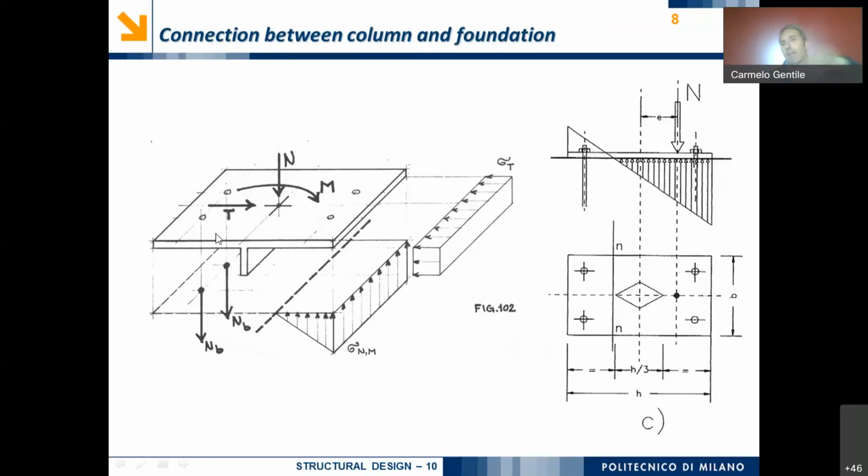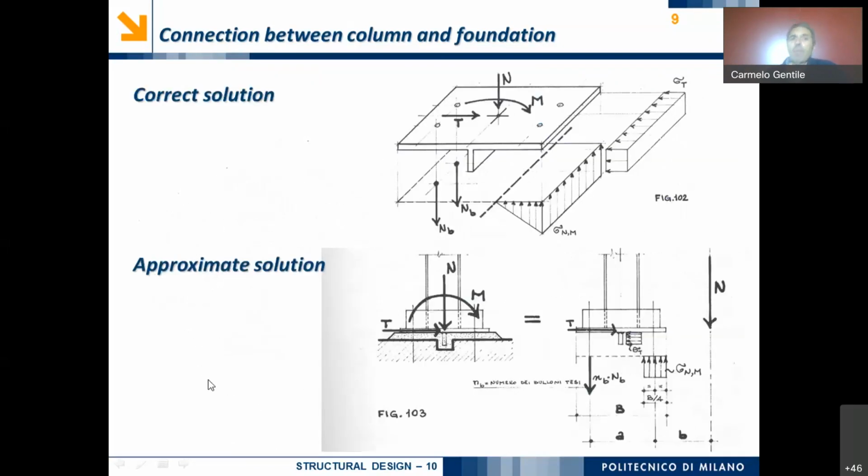Otherwise, if we look at the left hand side, the left hand side behaves again as a cantilever beam, but now the cantilever beam is subjected to the action of these two forces N_B, which are the forces in the two bolts.